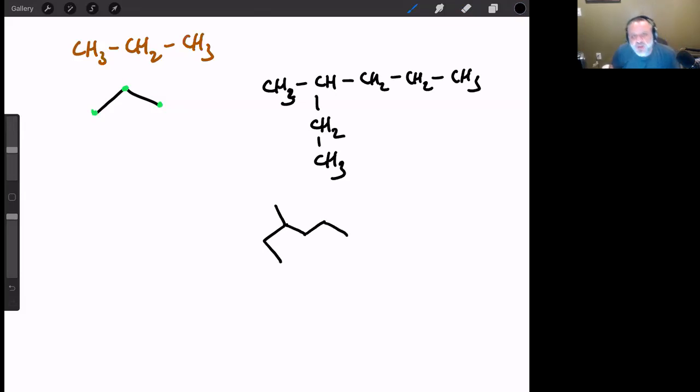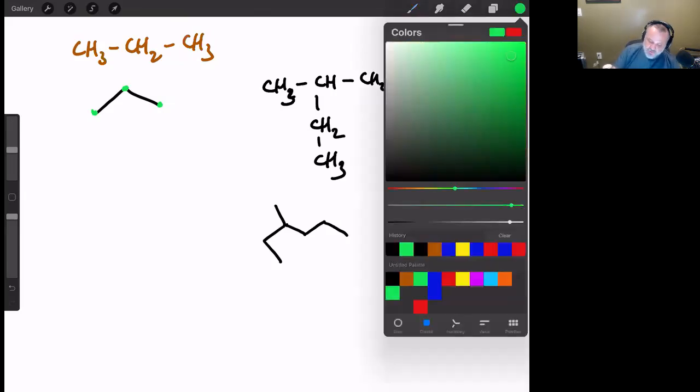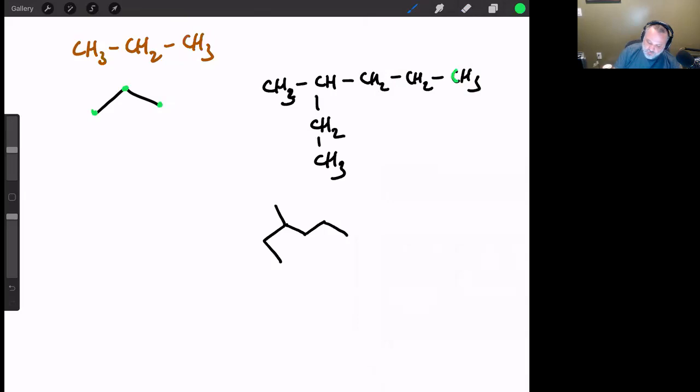So I've shown all of the information that I need in order to convey the structural information of this molecule. How many carbons do I have? 1, 2, 3, 4, 5, 6, 7. How many do I have here? 1, 2, 3, 4, 5, 6, 7.